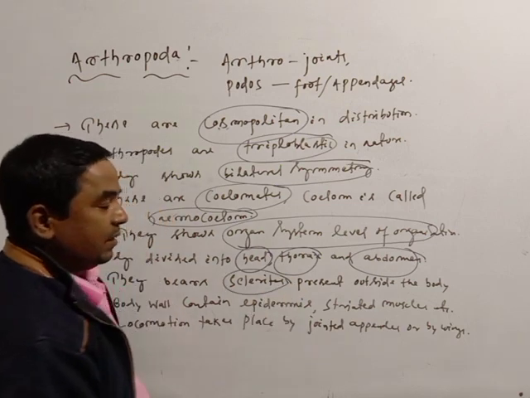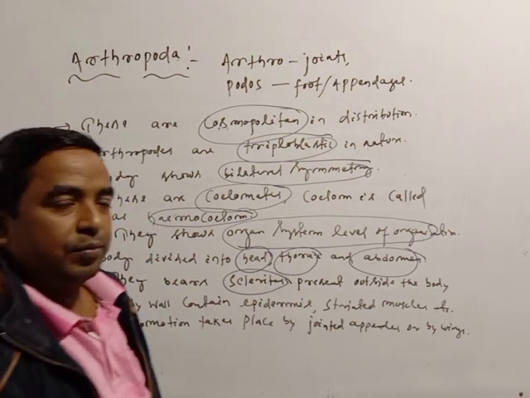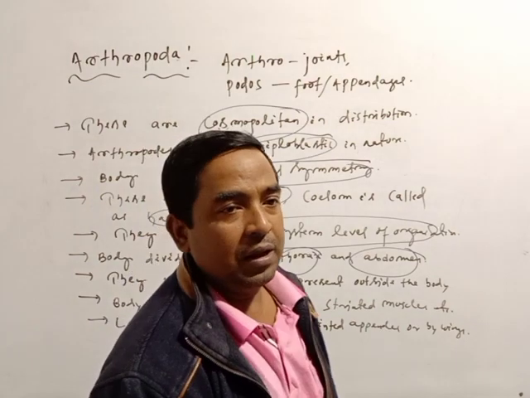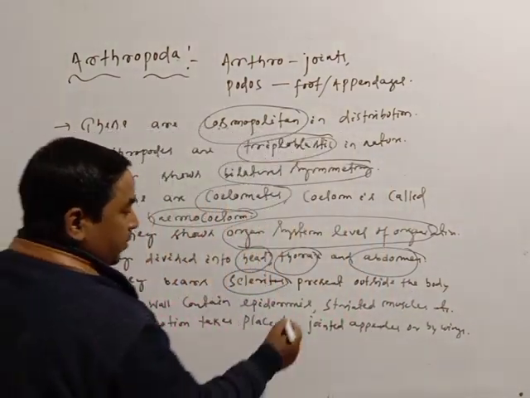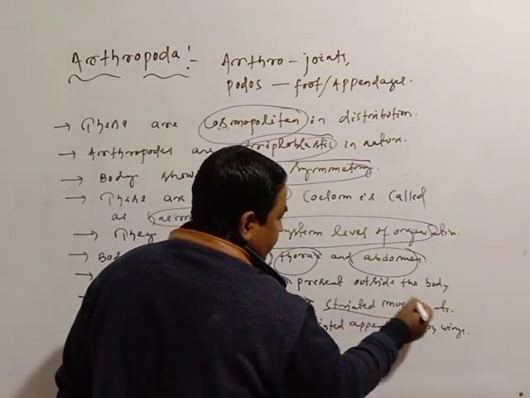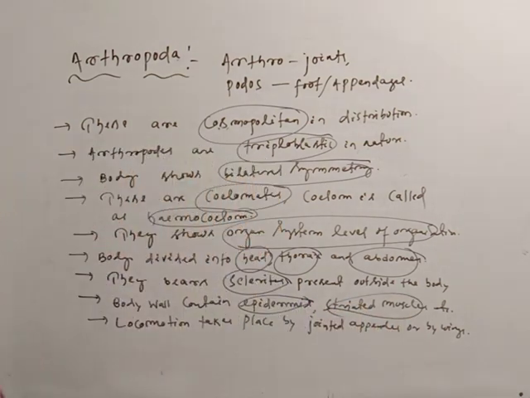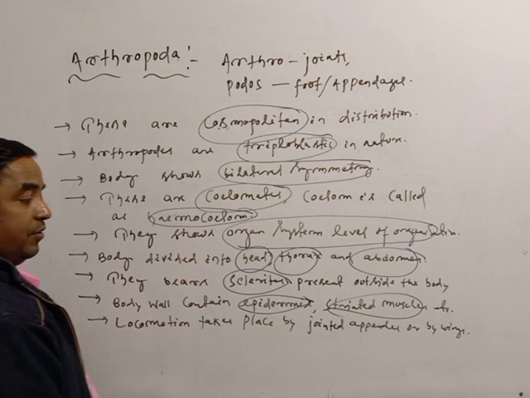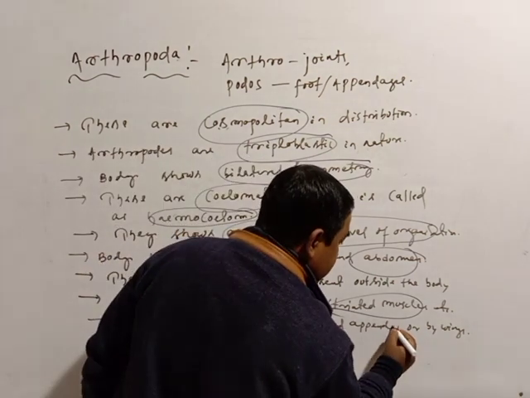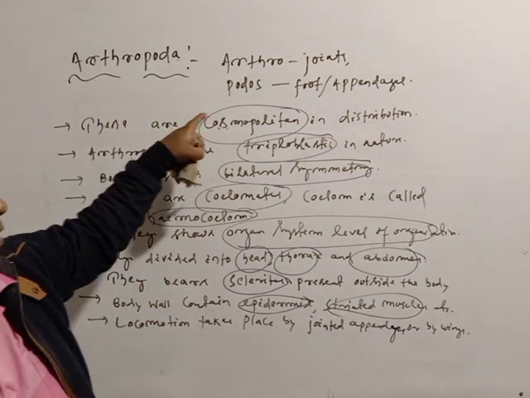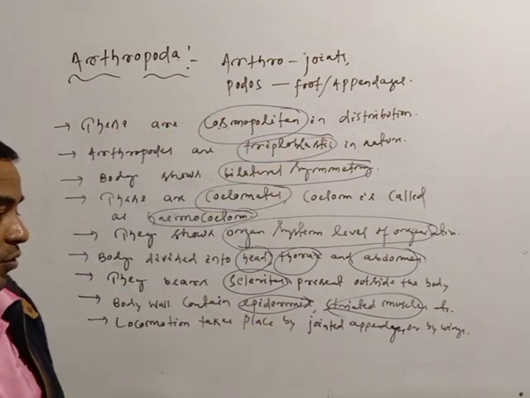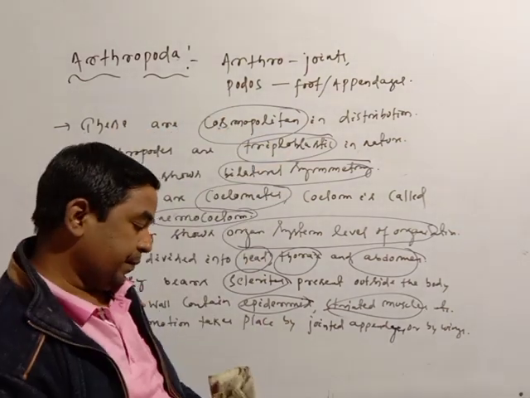These are plate-like structures which are removed from the body to the outside during molting. Now, body wall contains epidermis, striated muscles, etc. Then, locomotion takes place by jointed appendages, because they bear jointed foot-like structures, or by wings.